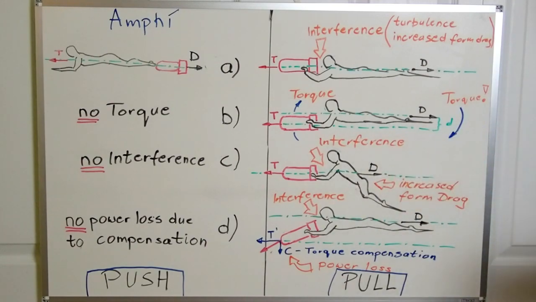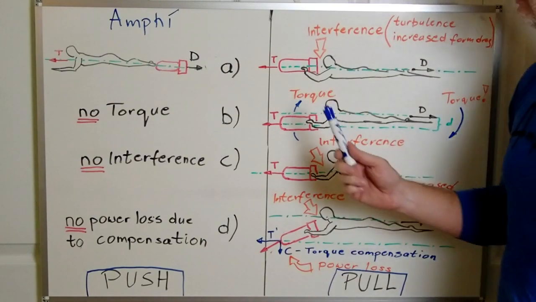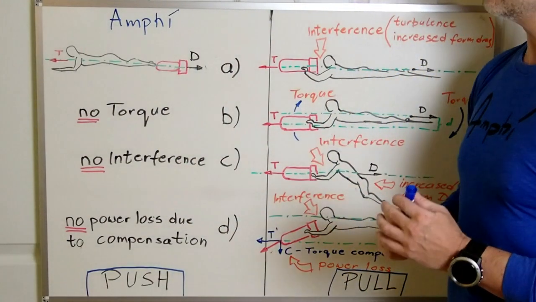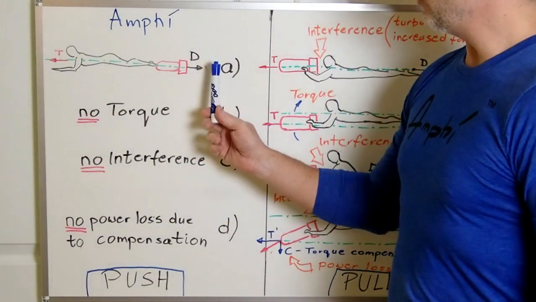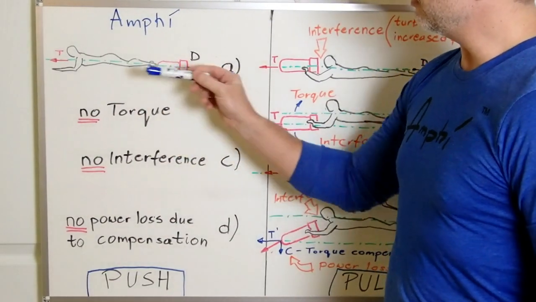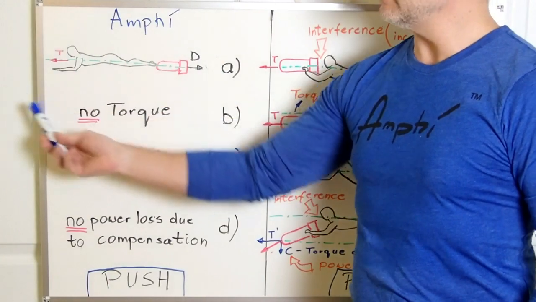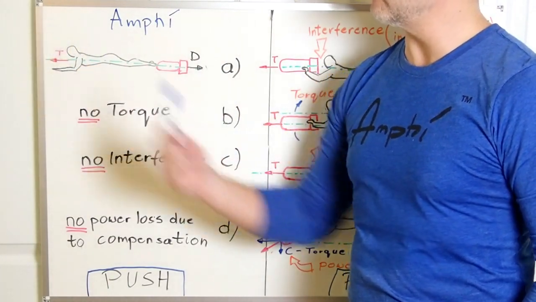Now, what happens if you have a pushing configuration? Well, everything changes. So first of all, when you align the line of thrust and line of drag in this configuration, nothing is actually happening here in front.